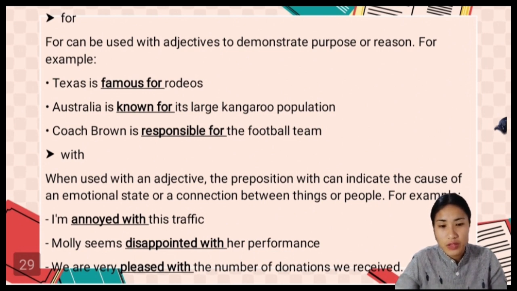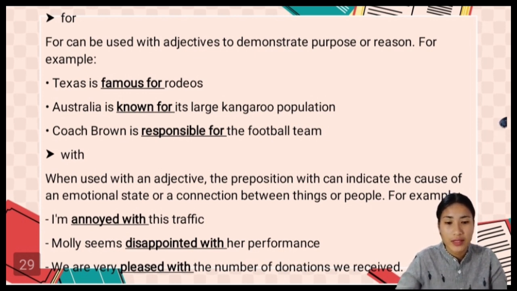Texas is famous for rodeos. And then Australia is known for its large kangaroo population. And then Coach Brown is responsible for the football team. So we can see the preposition for here with adjective, that is famous for, known for, and responsible for.